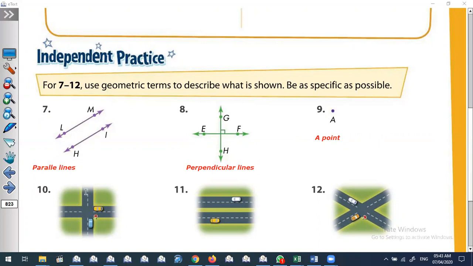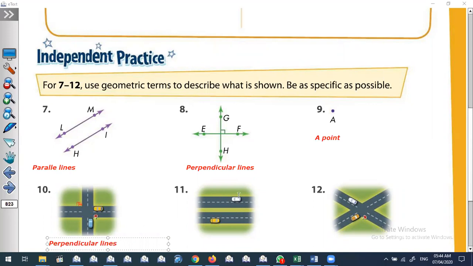The next one. This road and this road make a square corner because it's like a plus sign. Square corner is here. Square corner here. So they are called perpendicular lines.